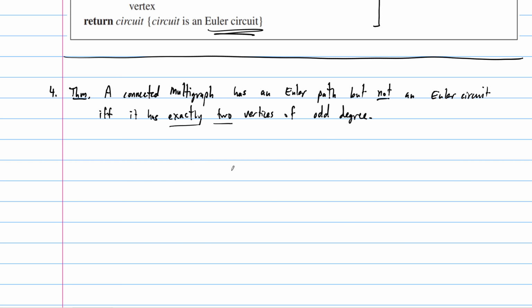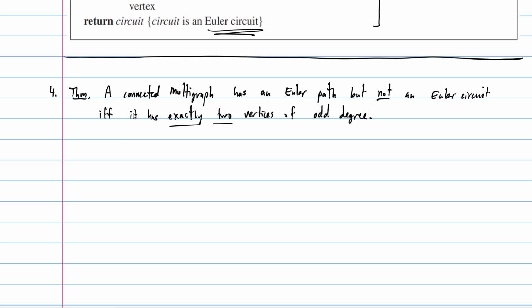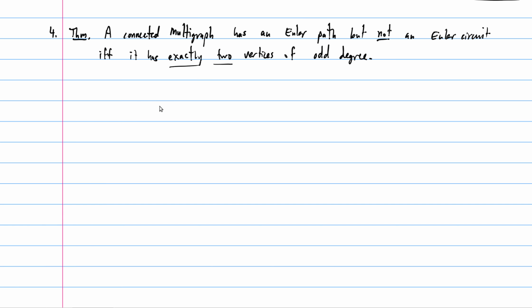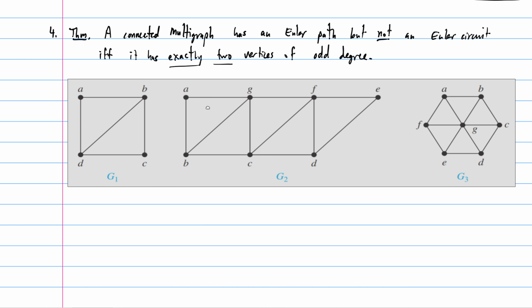All right, so for this one, I have another image down here that I want to look at, and we can try to figure out if any of these have Euler paths, but not circuits. So as I scroll up here, let's paste this here. This is figure 7 from the book.